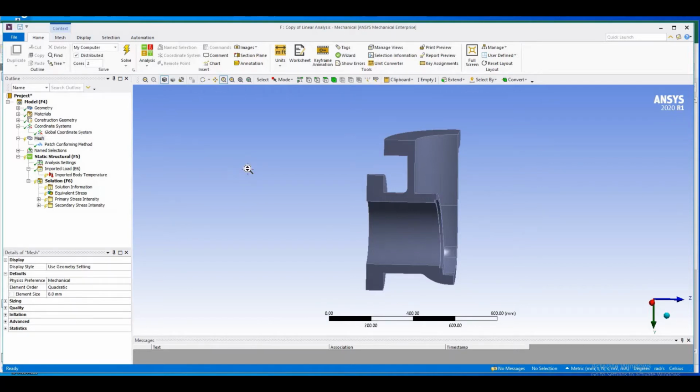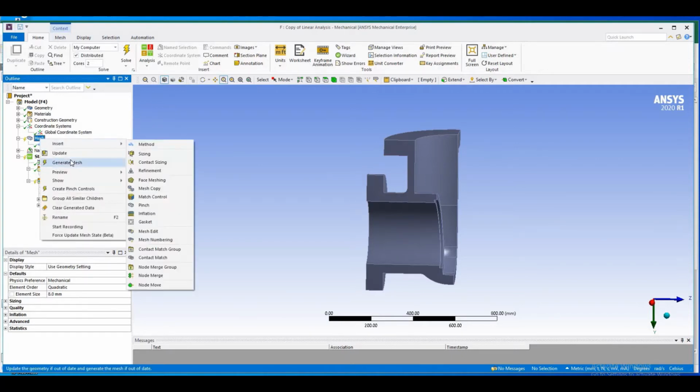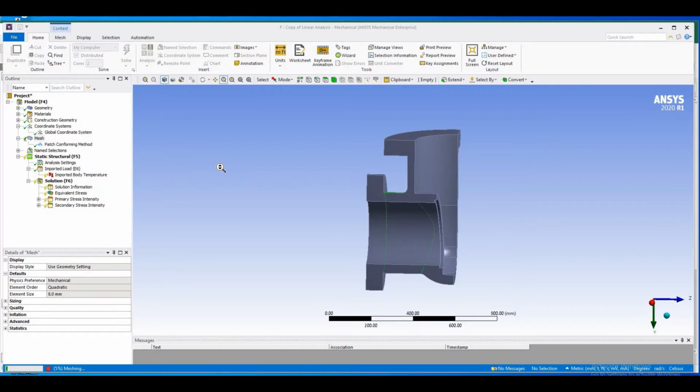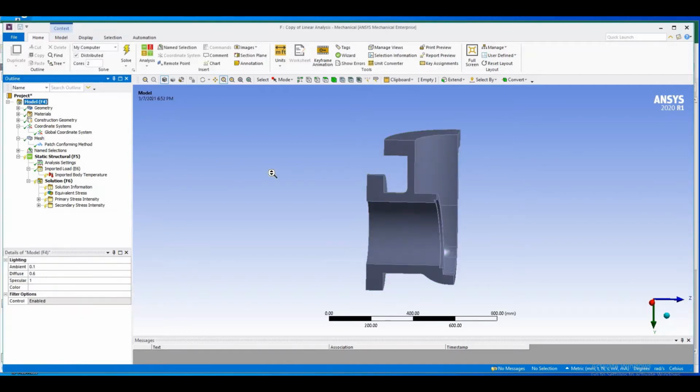In the mechanical module, we will first mesh the geometry using the earlier parameter set. In the linear analysis, we need to assess the stress critical regions. These are the regions where there is a change in the geometry or there are sharp corners, indicated here.